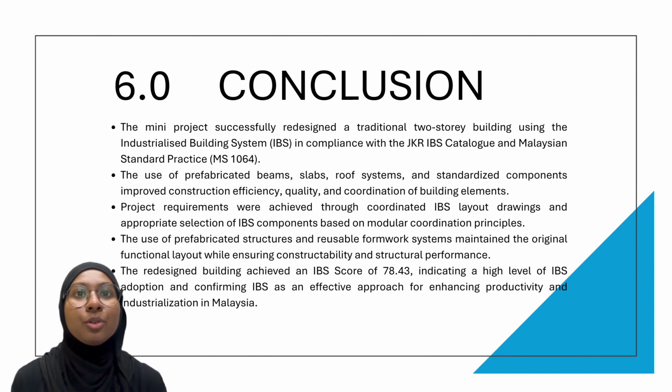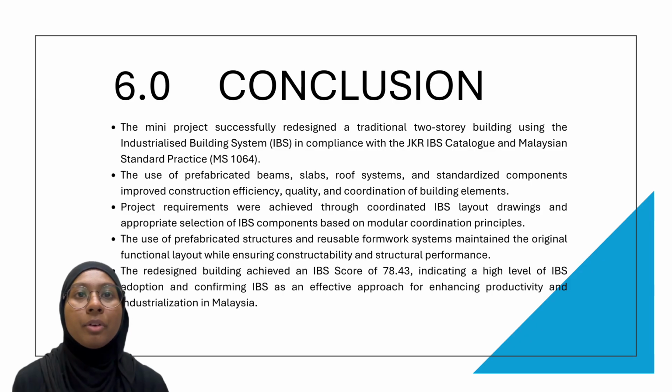Last but not least, conclusion. The mini project successfully redesigned a traditional 2-story building using the industrialized building system in compliance with JKR IBS catalogue and Malaysian standard practice. The use of prefabricated beams, slabs, roof system and standardized components improves construction efficiency, quality and coordination of building elements.